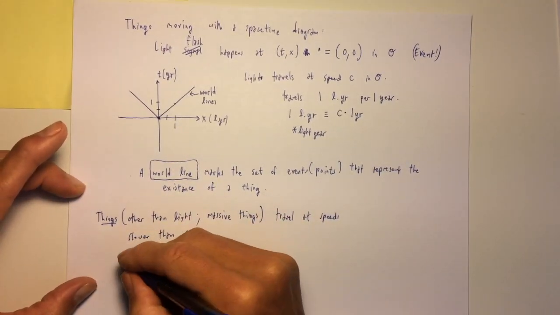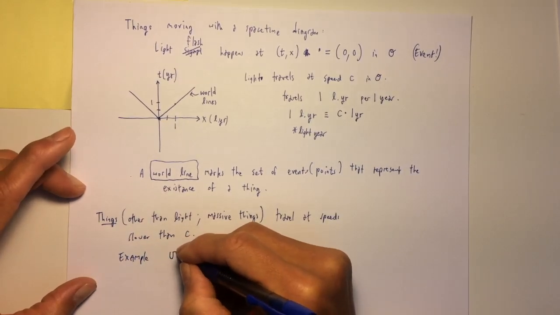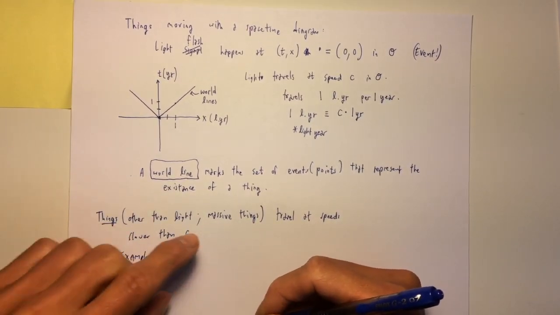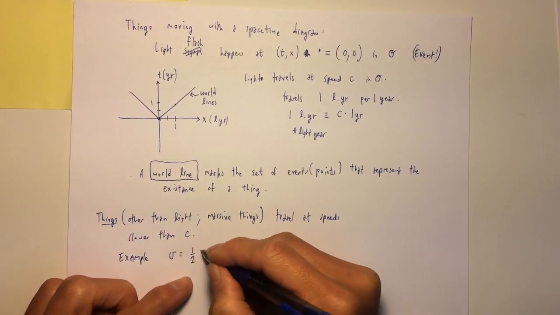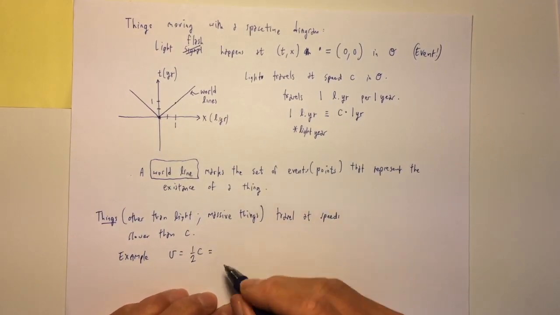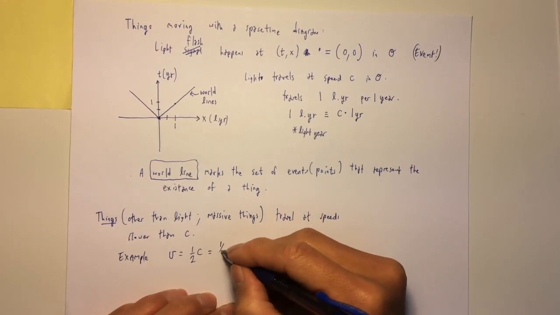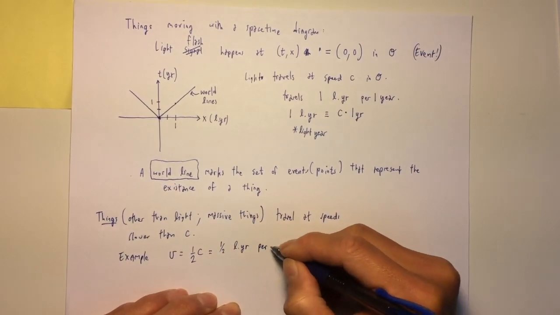As an example, let's give a velocity to a massive thing equal to half of c. And what this means, I'm going to describe it. It travels 1/2 of a light year per 1 year.